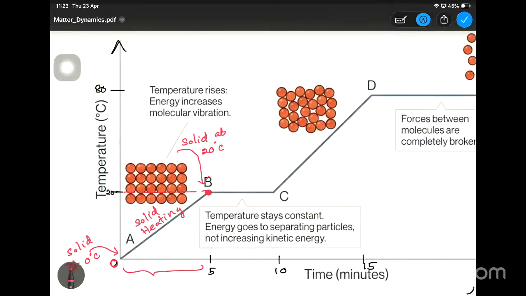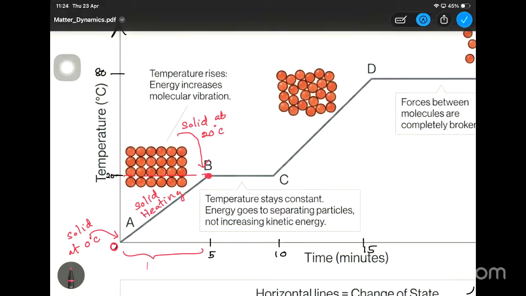Afterwards, you are still providing heat energy, right? So here, for 5 minutes, you can observe that the temperature does not change. But in the meantime, you can see the solid slowly starts to become liquid. So here the solid will be melting.